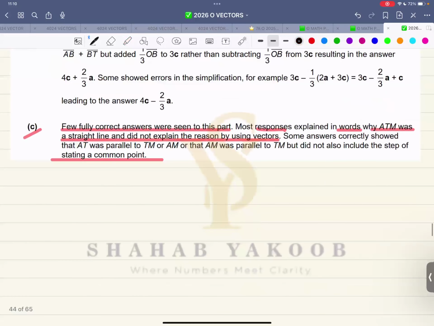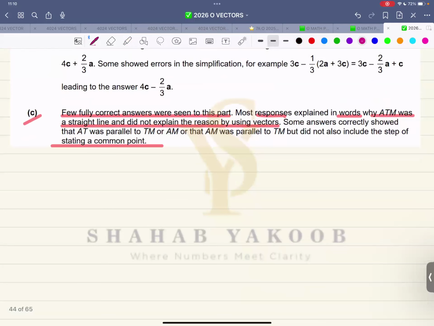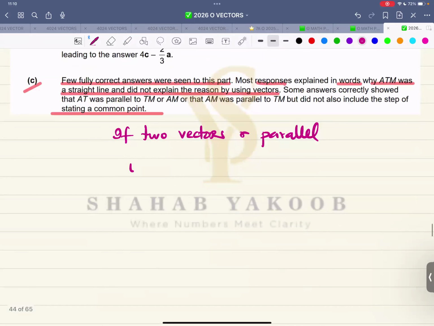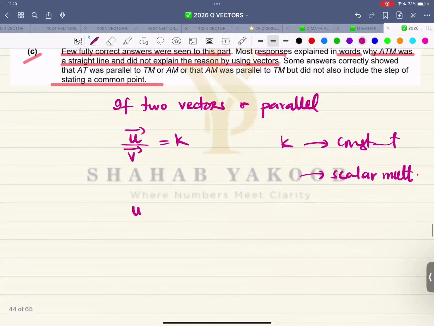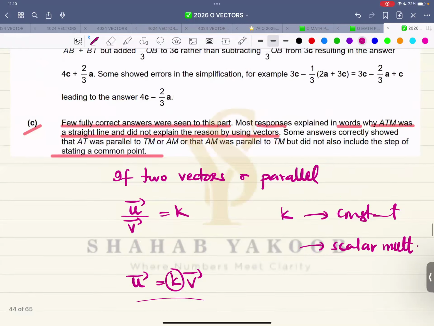So in other words, if two vectors are parallel, one vector, let's say u, divided by v is a constant. This constant is called the scalar multiple. Or we can say u is k times v. One vector is a constant times the other. That is the same thing as this.